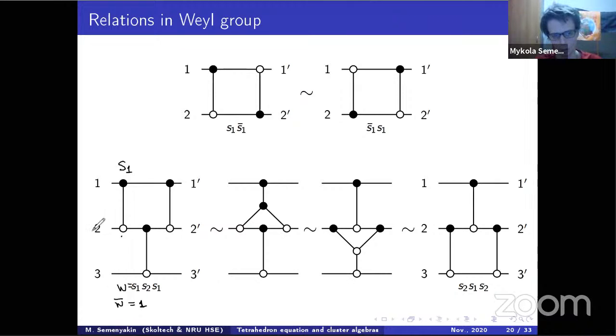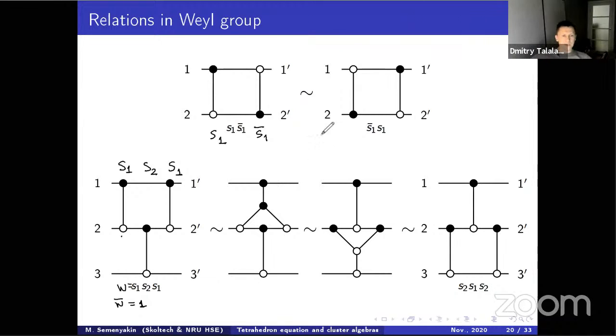Here we have lines 2 and 3 connected by this edge. So I can put S2 here because 2, 3. And here I have again S1. And if I have other colors on these vertices, I put S1 bar. So I put S1 here and S1 bar here. Okay, thank you.